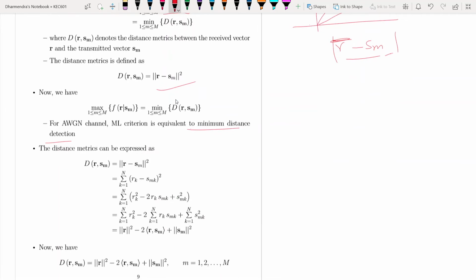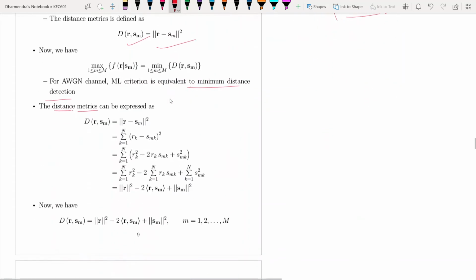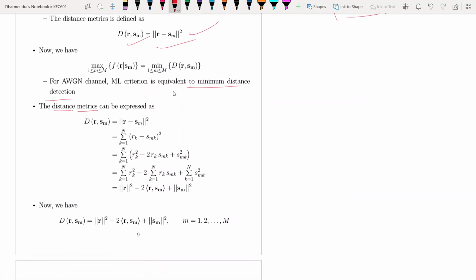We will simplify this distance metric. Sometimes people ask to define a distance metric for ML detection. So that is this. This will be equal to this. Square this term: rk square minus 2 rk into smk plus smk square. Take the summation inside, and I can write three summations like this.